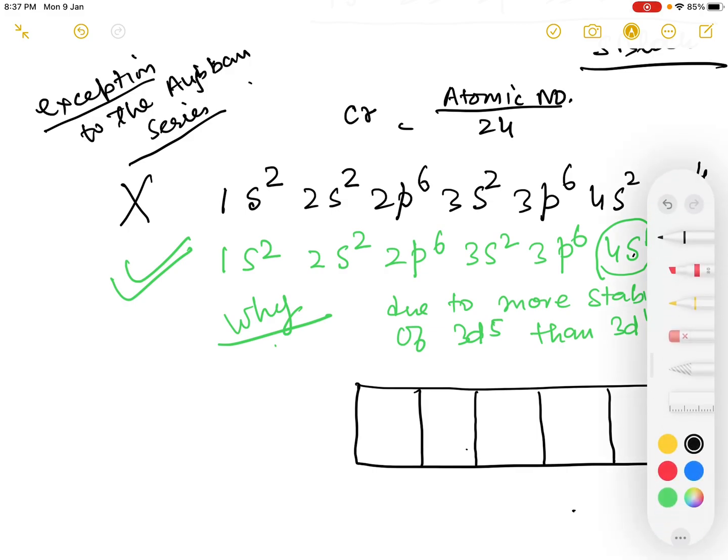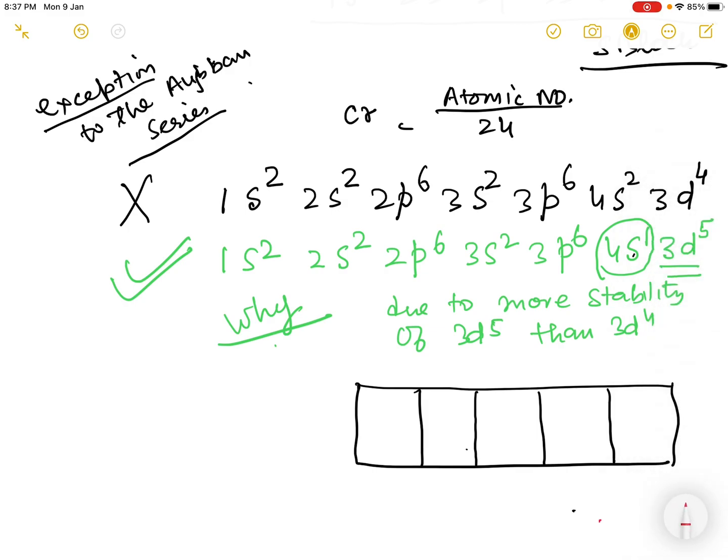The first electron will go to this orbital, the second electron to this orbital, the third to this, and the fourth to this. But this last orbital remains unoccupied. So to make it more stable, the fifth electron will move from 4s to this orbital and fill it.